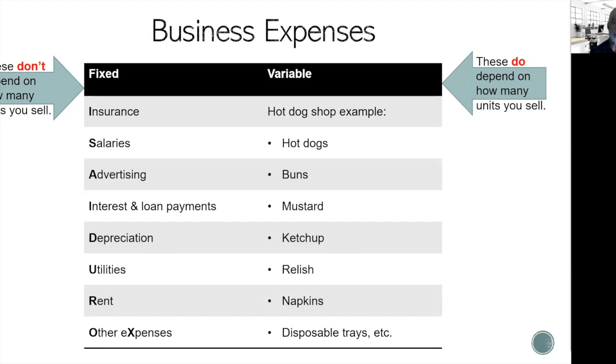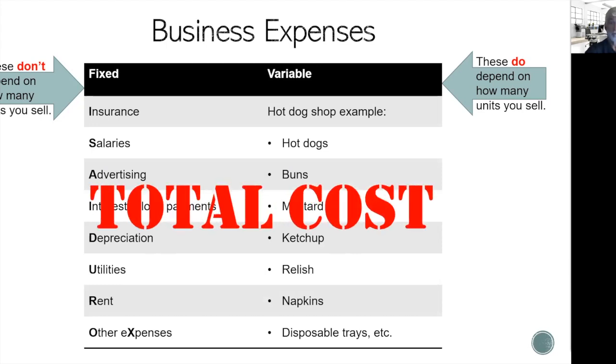You're putting it with a napkin in a disposable tray and you're handing it to your customer. You have to pay for all that stuff. Those are expenses, and they're variable because it depends on how many hot dogs you sell as to how much that's going to cost you overall. Those together make up our total cost.